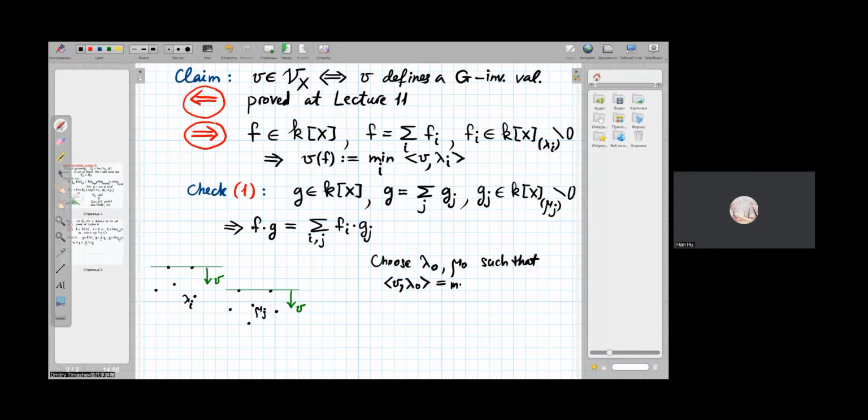So this value is the minimal one. The value of v at mu naught is also the minimal one among the values on mu j's.